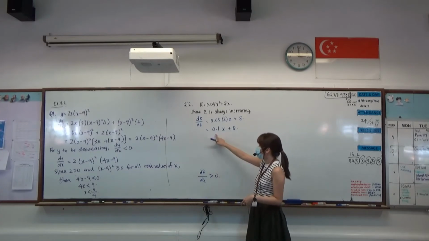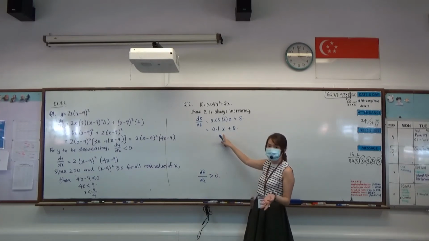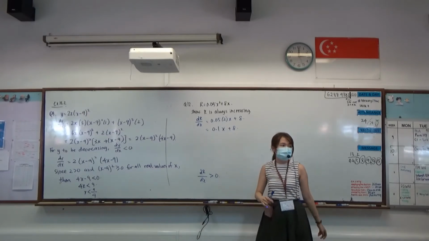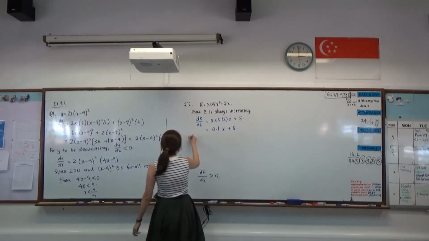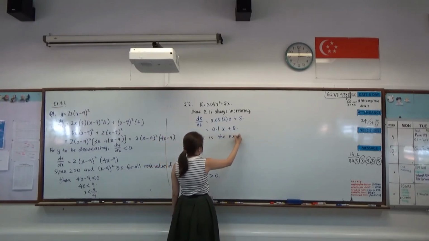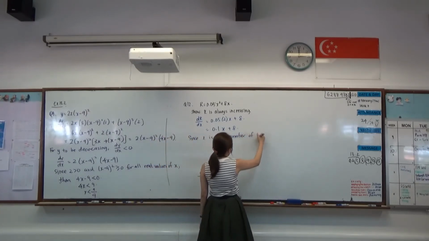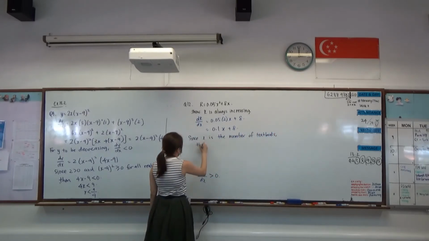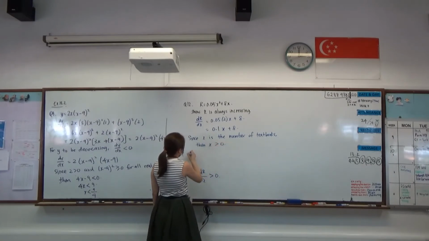So 0.1 times a positive number is surely positive. Plus another 8, it will surely be positive. That's why dR over dx is always more than 0. So we write that since x is the number of textbooks, then x is more than 0.